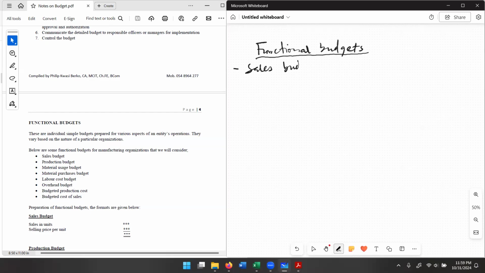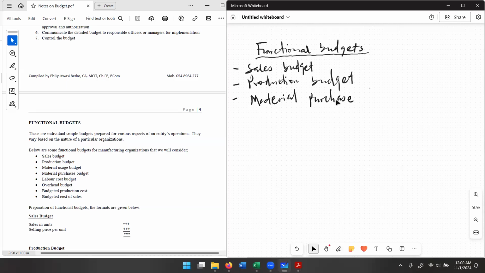The sales budget. And then we'll also be looking at the production budget. And then we'll also look at the material purchase budget. Even before purchase, let's look at material usage.